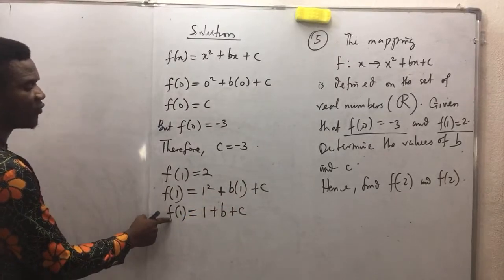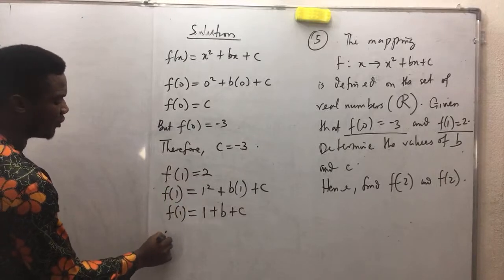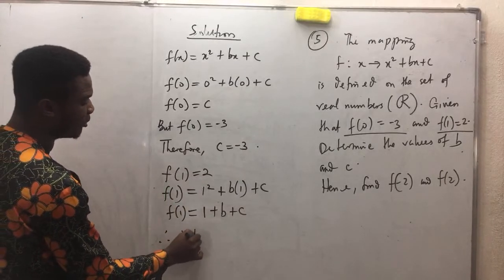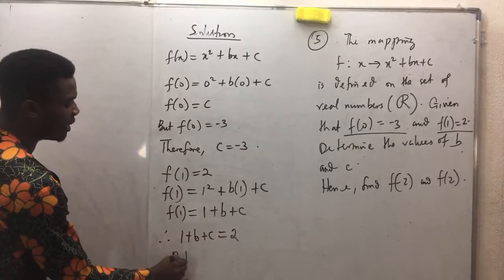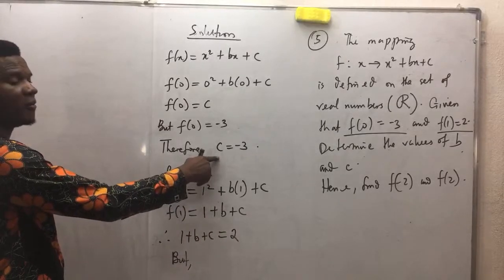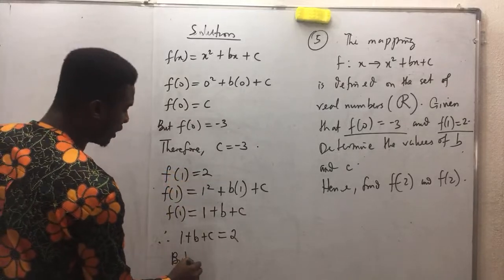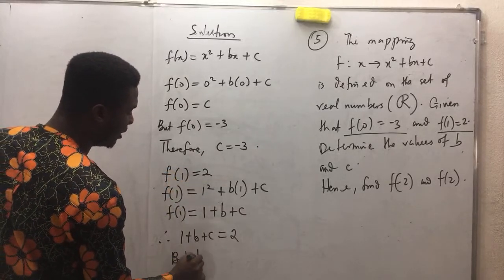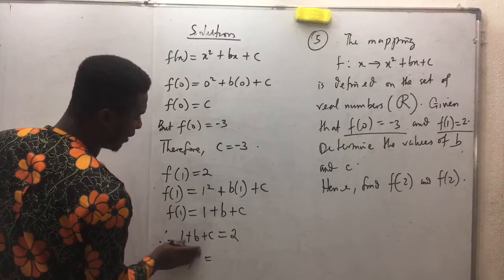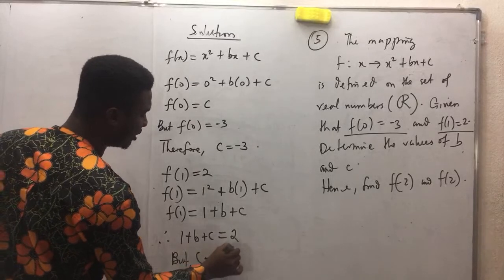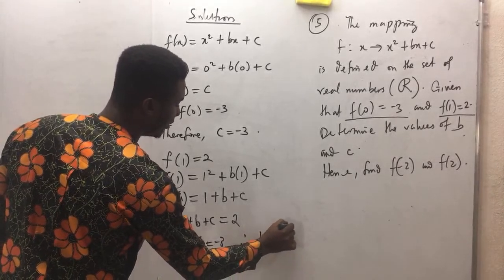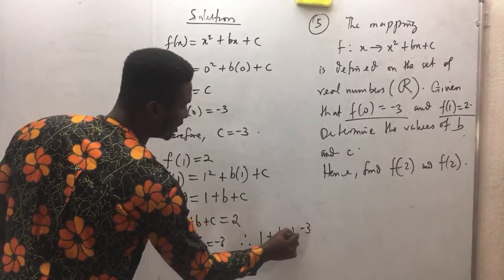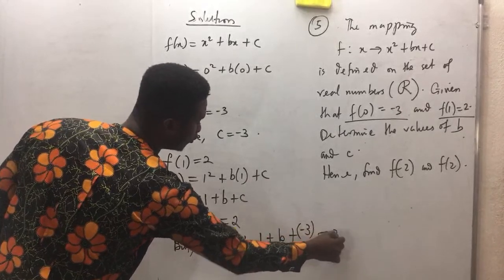Now, f of 1 we are told is 2. Therefore, 1 plus b plus c will be equal to 2. But we have just obtained the value of c to be minus 3. So we can now say 1 plus b plus minus 3, which is c, will be equal to 2.